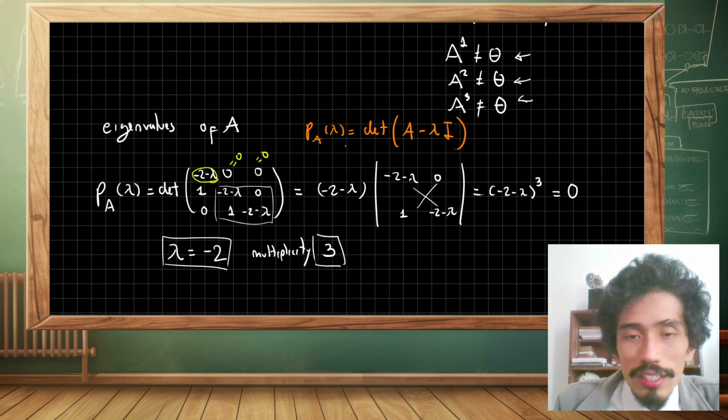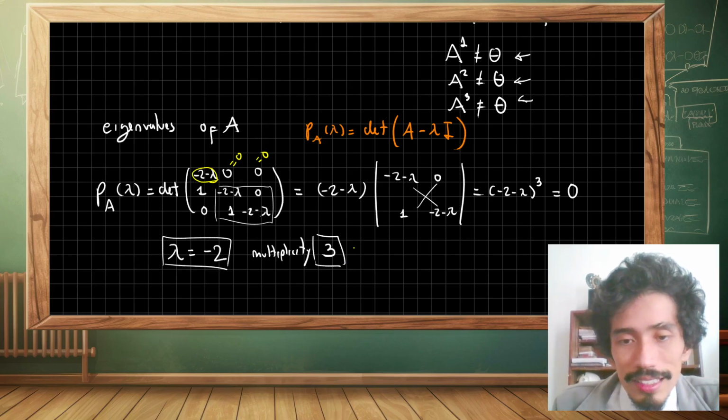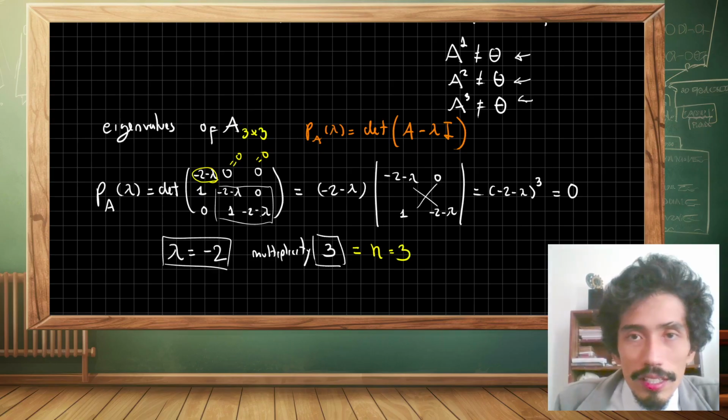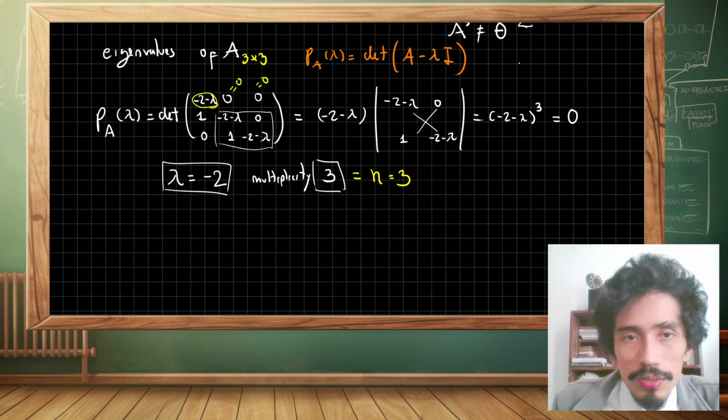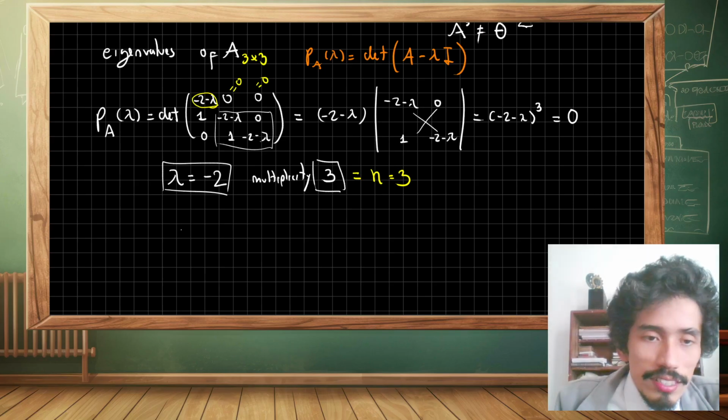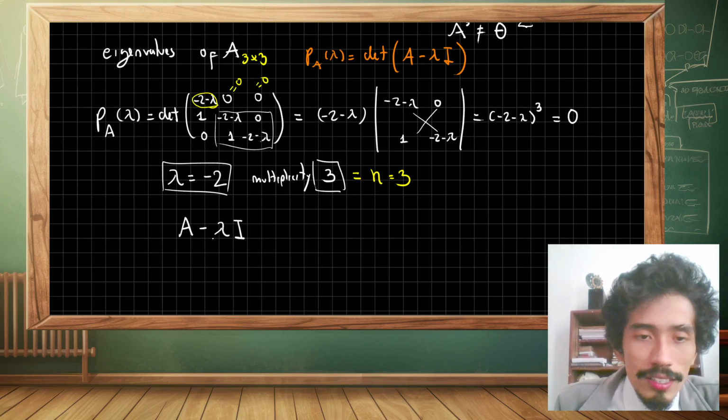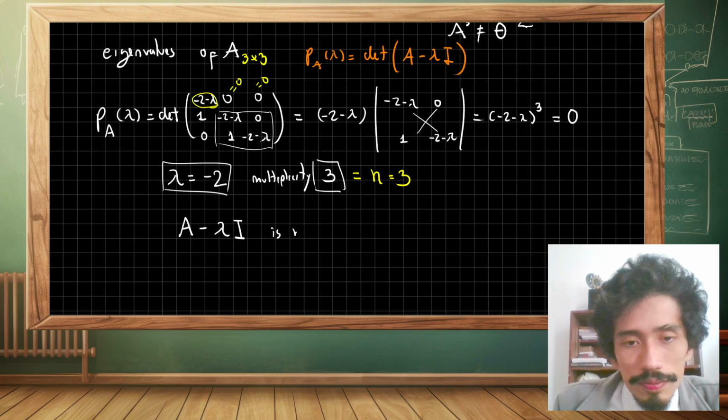In this particular case, in which the multiplicity is equal to the number n, in this case, which is 3, because A is a 3 by 3 matrix, then there is a property that tells you that the matrix A minus lambda identity is nilpotent.